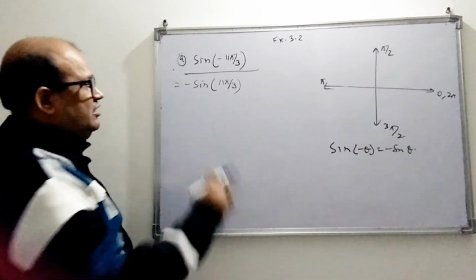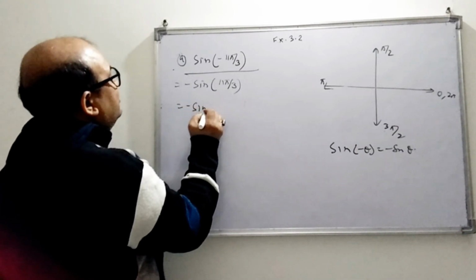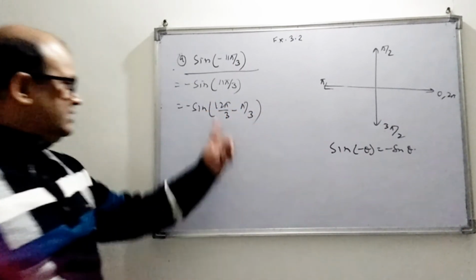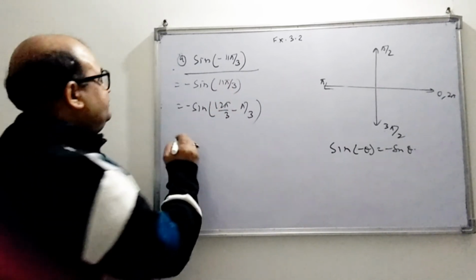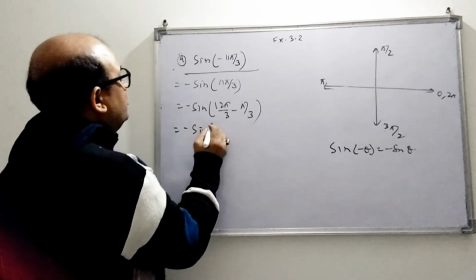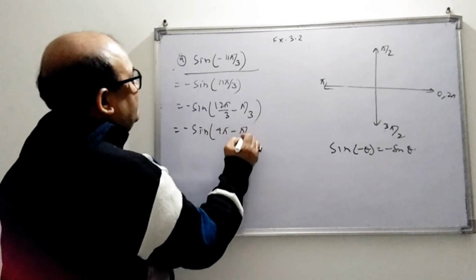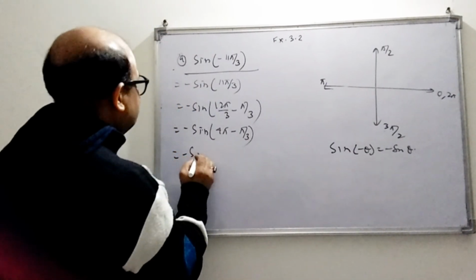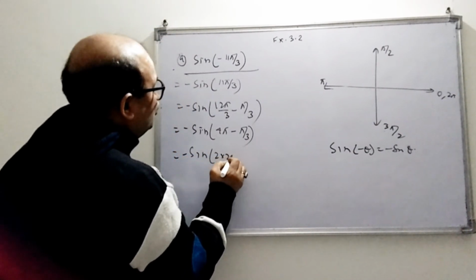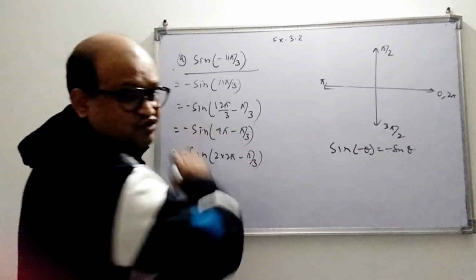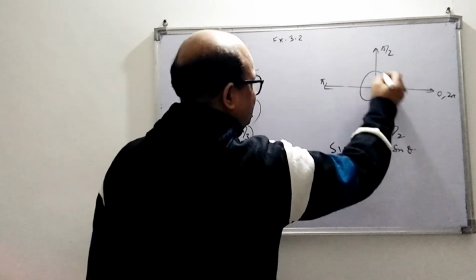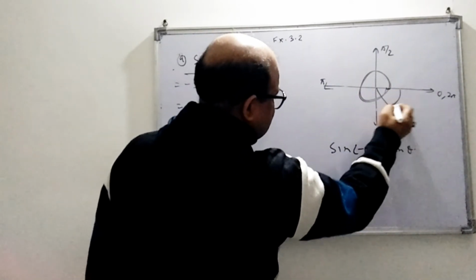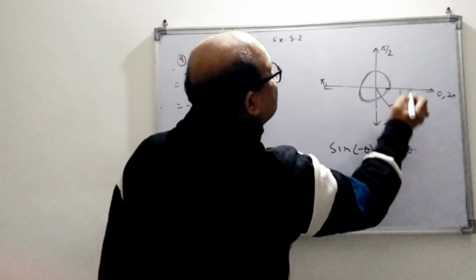Now 11 pi by 3 we can write as 12 pi by 3 minus pi by 3, that is minus sine of 4 pi minus pi by 3. 4 pi means 2 into 2 pi: first 2 pi, second 2 pi, and minus pi by 3.